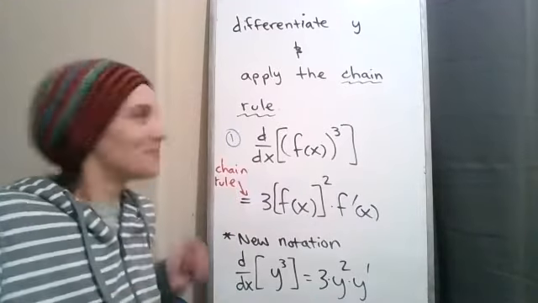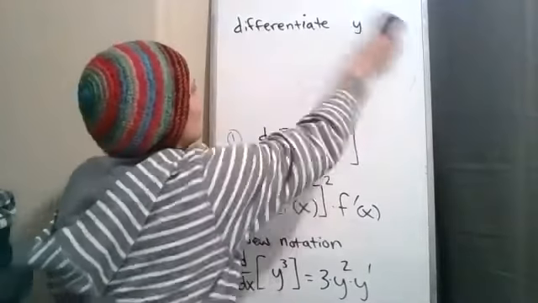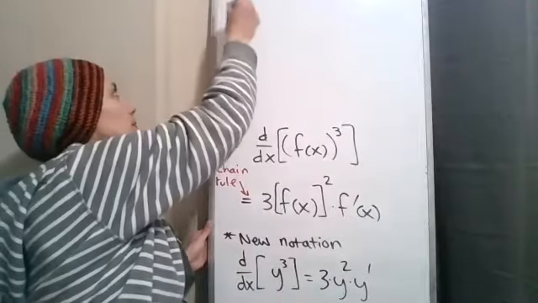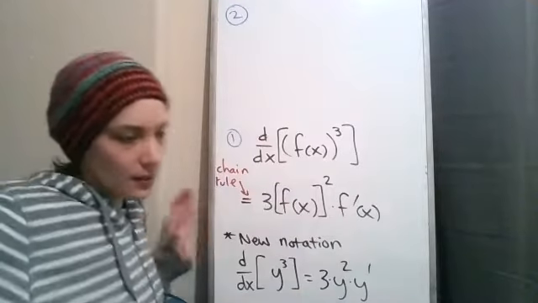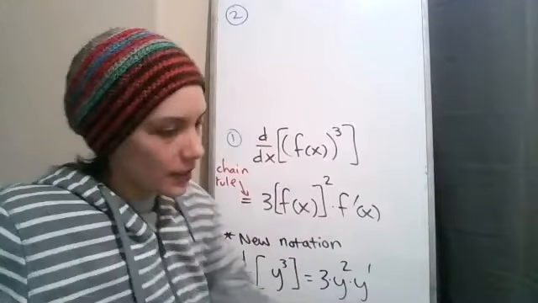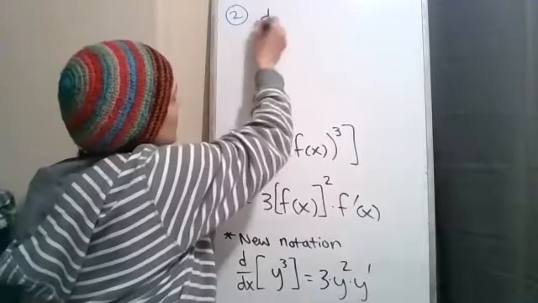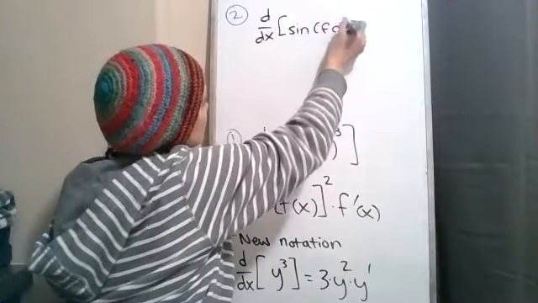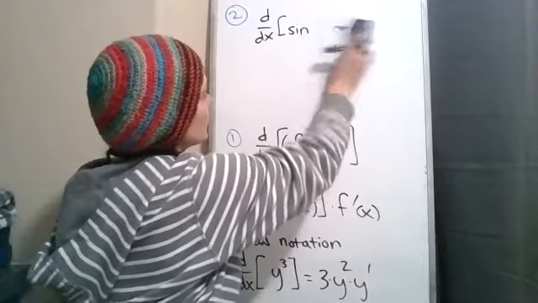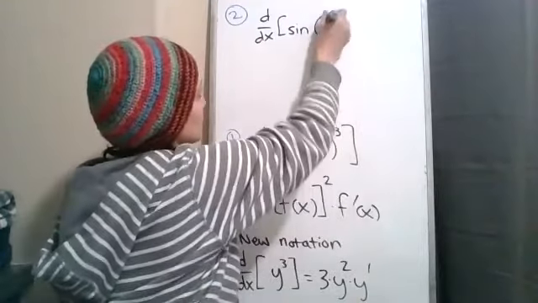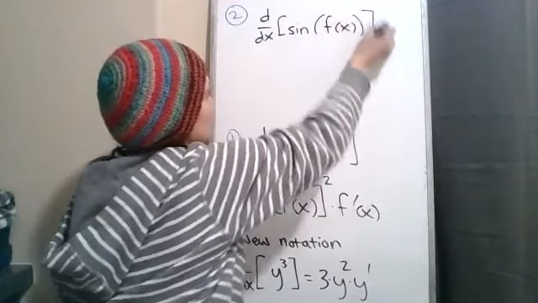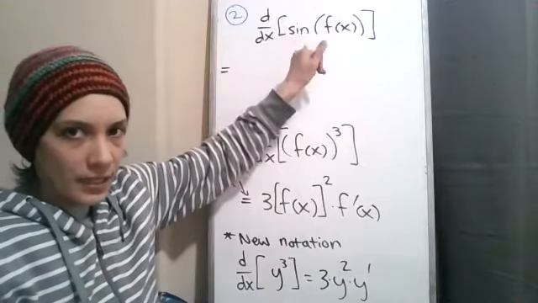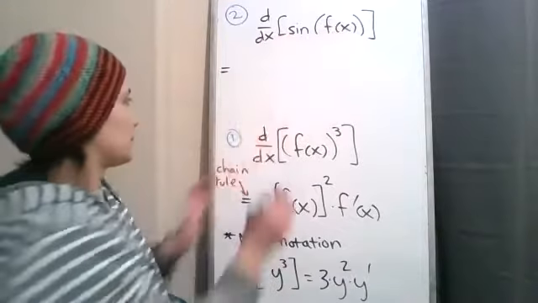Number 2. The derivative of sine of f of x. Okay, the derivative of sine would be cosine, and then you leave the function sitting inside.